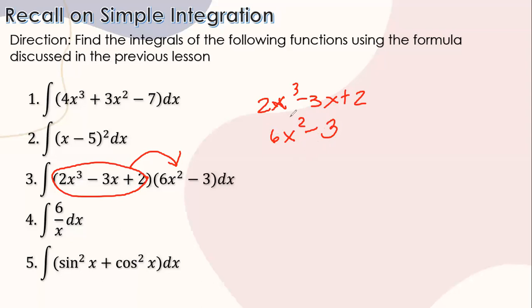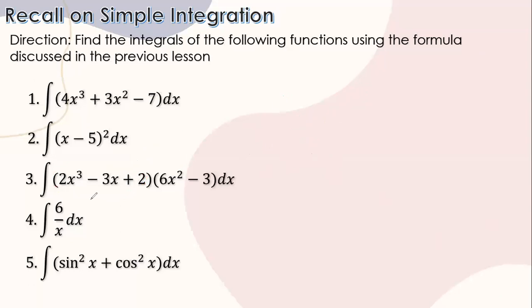Okay? So we will be using the antiderivative by substitution. But for now, let's proceed to number 4. We have 6 over x. So for that, the integral of 6 over x dx.